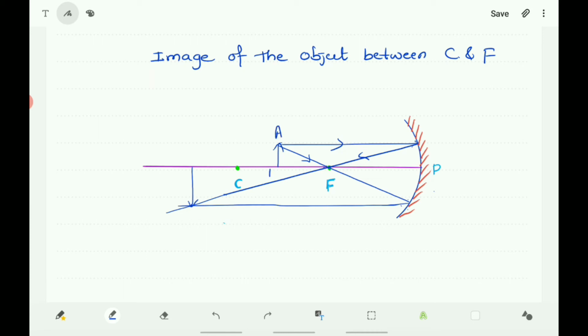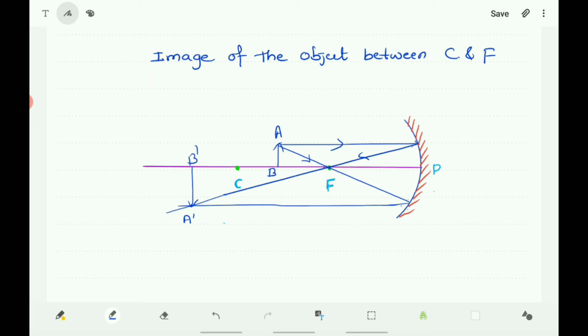Both of these reflected rays meet at one point, and at that point there is a formation of the image, and the image is here A dash B dash and the object is AB, and you know that the size of the image is greater than the size of the object and it is inverted and can be caught on the screen. Therefore the image is real, inverted and big.